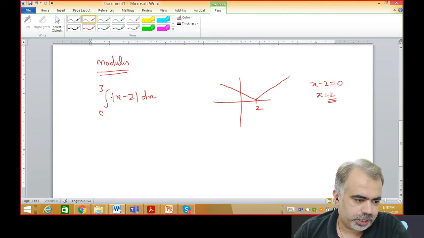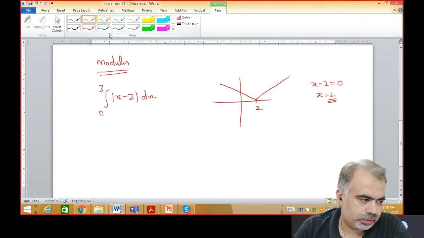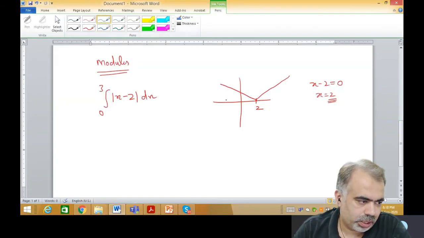After that you have to integrate it from 0 to 3. So you just have to mark these 2 points over here, 0 to 3. So 3 is somewhere here. Now we want to integrate it from 0 to 3 like this. So now you have to write it here.